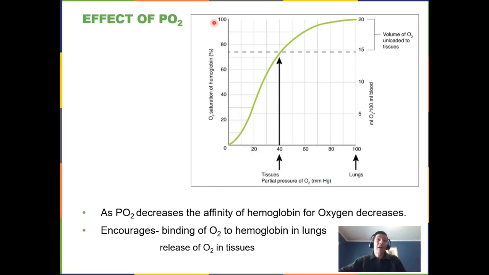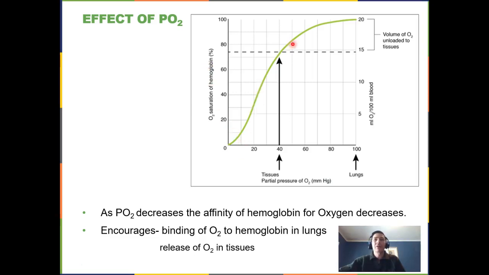And on the y-axis, this is saturation of hemoglobin. What this represents is what percentage of your hemoglobin has oxygen bound to it. And remember, if there's oxygen bound to the hemoglobin, it's not getting out of the bloodstream into the tissues.